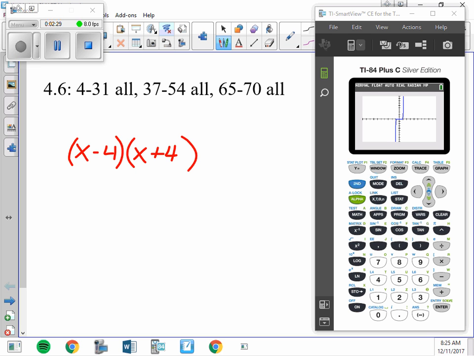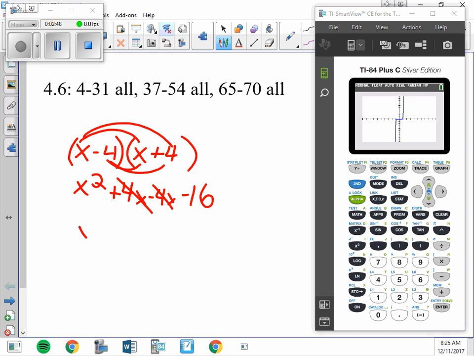And when I multiply those together, I get x squared plus 4x minus 4x minus 16. And what do you notice? The 4x's cancel. And I'm left with x squared minus 16. And that will happen every single time you have conjugates.